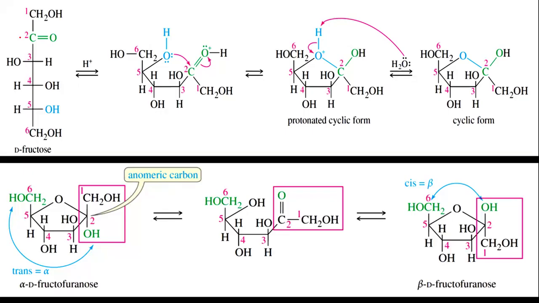If it exists as a single molecule, then it will exist as a six-membered ring. The OH group will drop below here, and the CH2OH group will form the OH group here, and this will again form an anomer. Usually fructose is in its combined form, so we do not mention the six-membered structure of fructose.